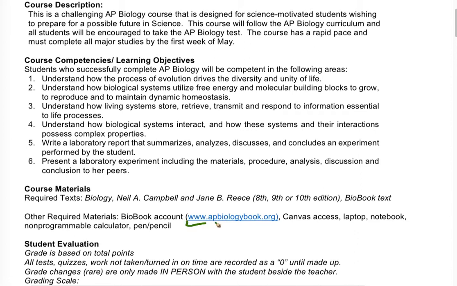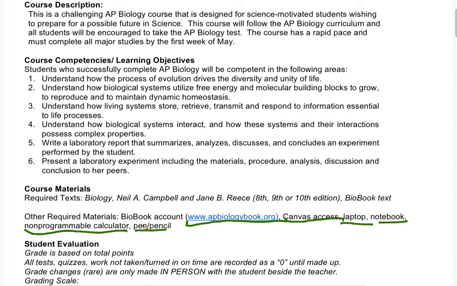You can access BioBook from this web address, www.apbiologybook.org. Canvas has links to it. You'll need your laptop. For class, you're going to need a notebook every day. You can use actually a programmable calculator now. In the past, I required non-programmable, but starting last year, the College Board made programmable calculators okay for the AP test, and that's what we're getting ready for, so we might as well use them.